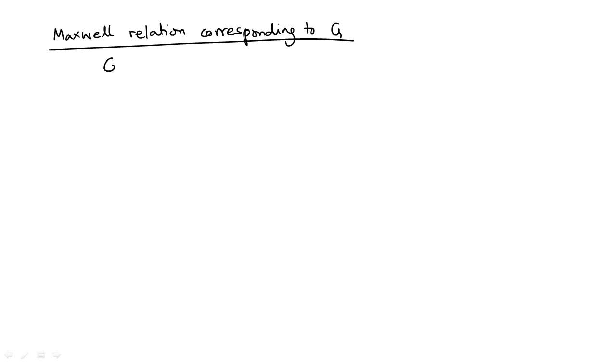Now we derive the final Maxwell relation corresponding to the Gibbs free energy. Starting with G is equal to H minus TS, so dG is equal to dH minus S dT minus T dS.